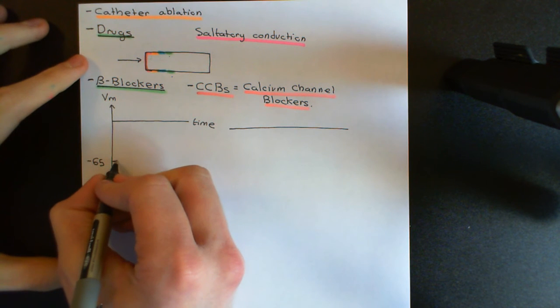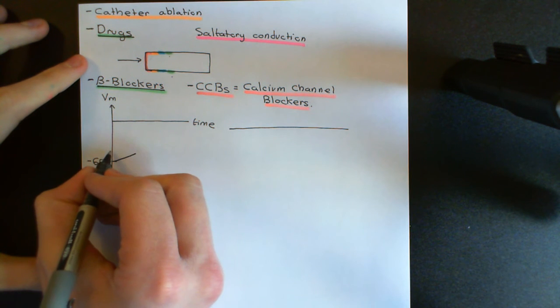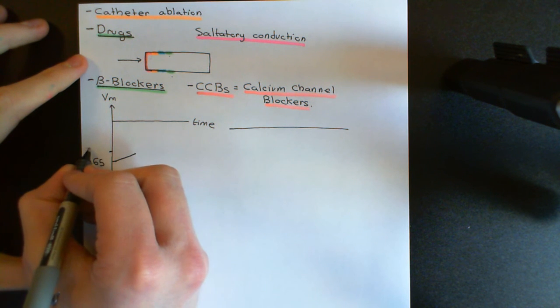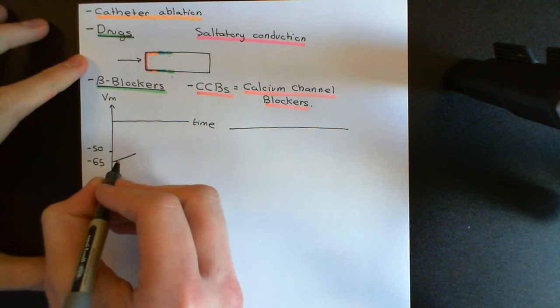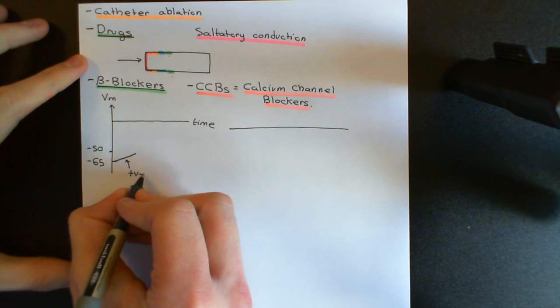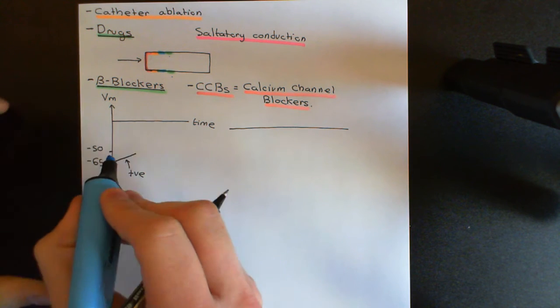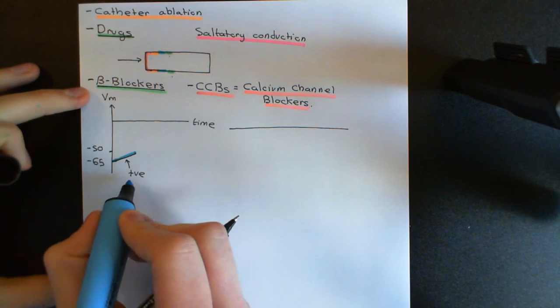Okay, so the first phase of the AV node action potential looks like this, and it will generally depolarize you up to something around negative 50 millivolts. And this is due to positive charge coming from either a neighbouring cell through gap junctions or from a neighbouring portion of the membrane.